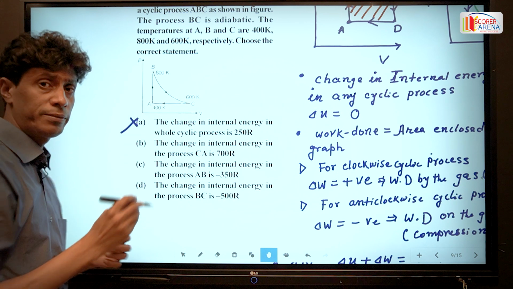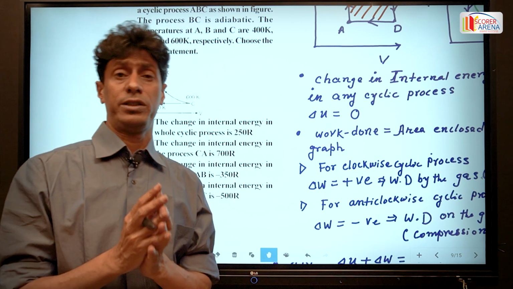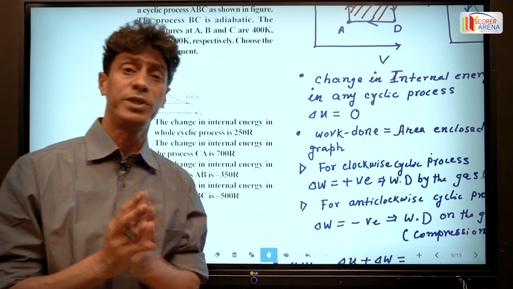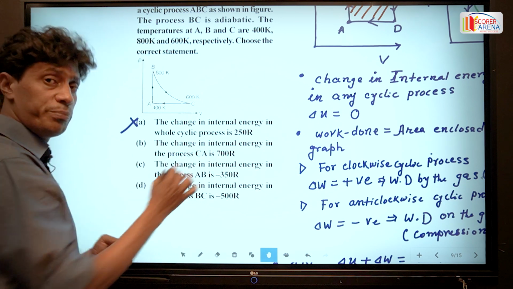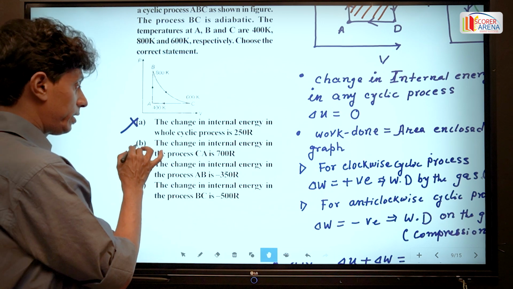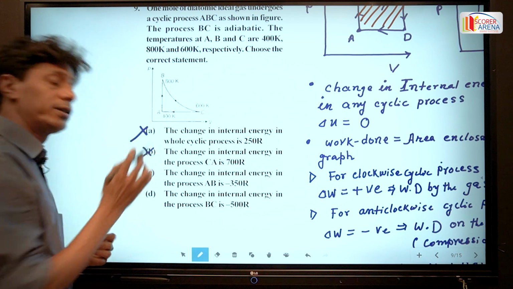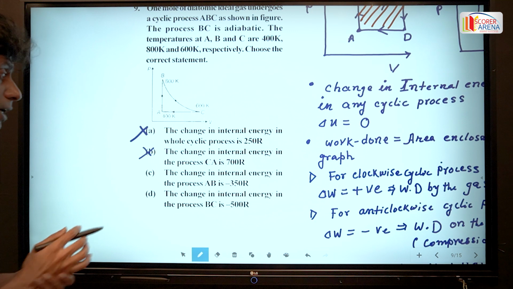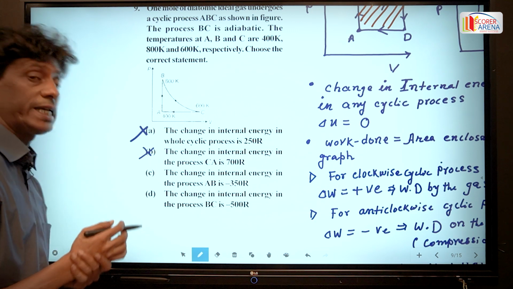Decrease in temperature means decrease of internal energy, which as per the convention of thermodynamics used in physics is negative. But here option B represents that the internal energy increases. So option B is also not a correct answer. Now option C, the change in internal energy in the process A to B.